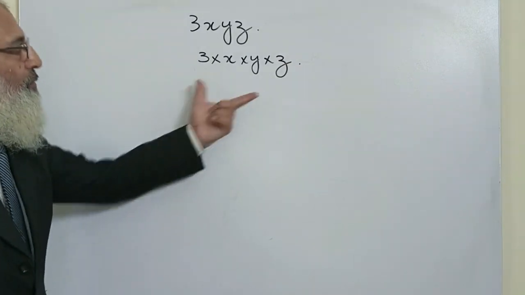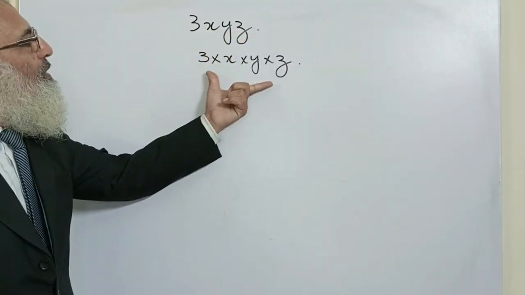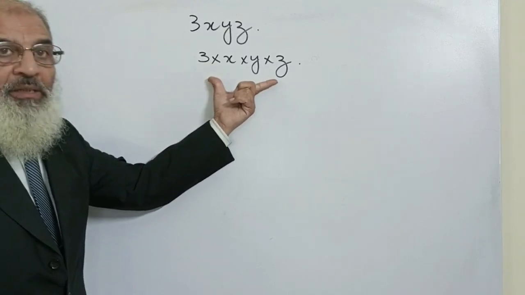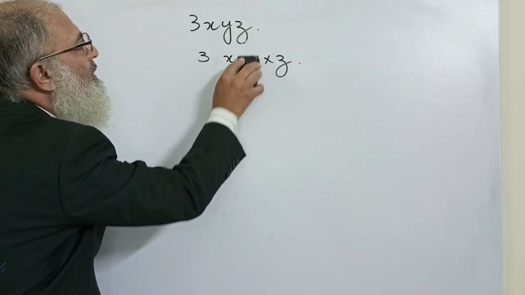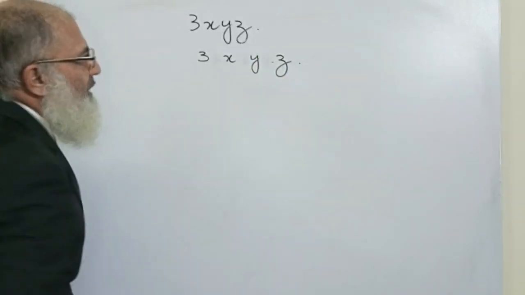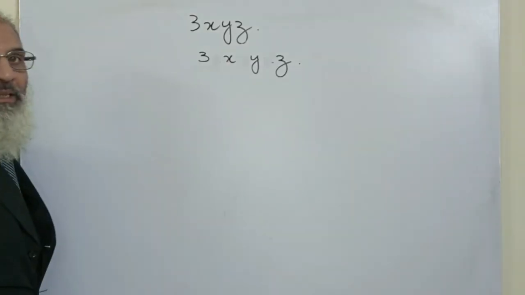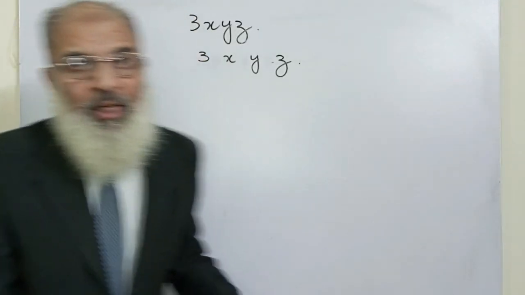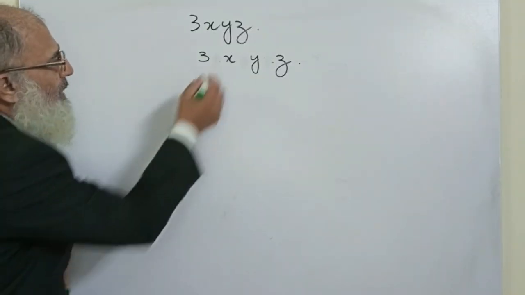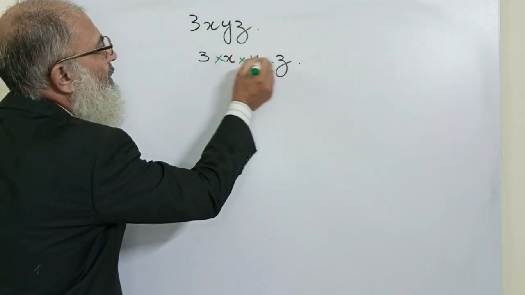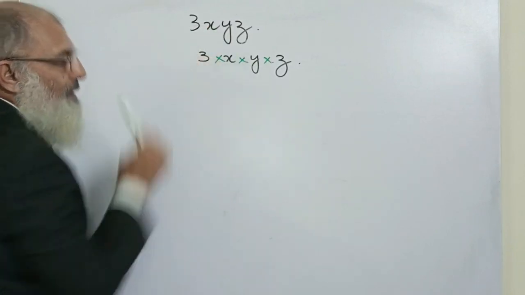And in short, what we have written is 3xyz. So there is no difference between this term and this term. We have just abolished these multiplication signs from here, and we have written it like this. So if you see any multiplication sign in between, you just have to write it like this.